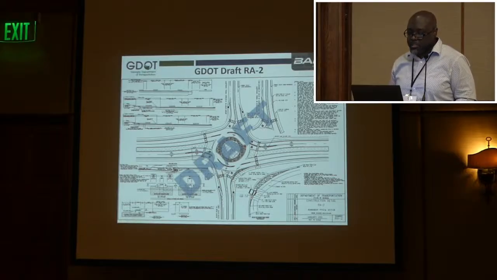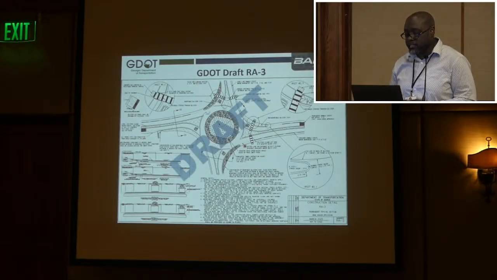And then the next detail, which is our newest and latest, is our more rural classification roundabout. This one utilizes the mountable truck apron and monolithic pours. There's flexibility with sidewalk or crosswalk, or no crosswalk.